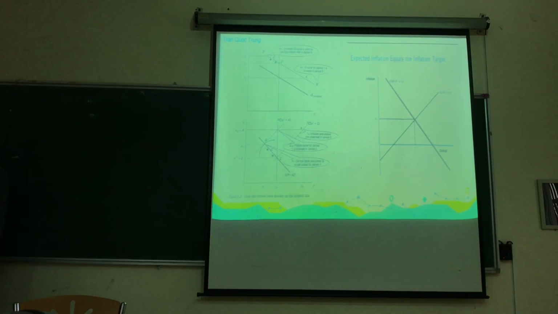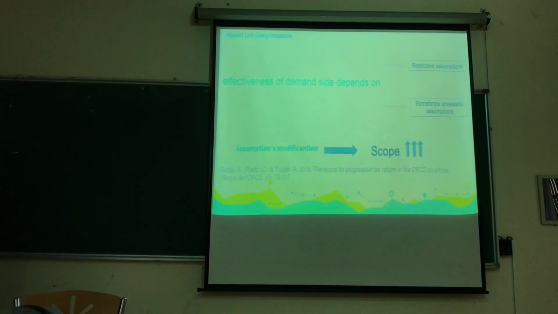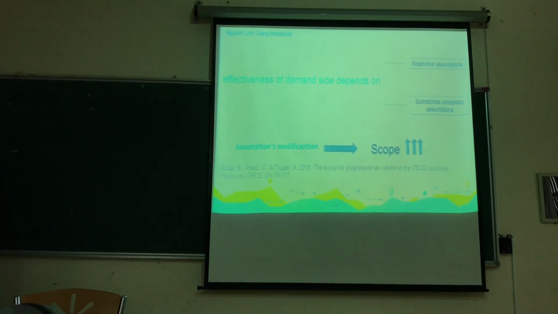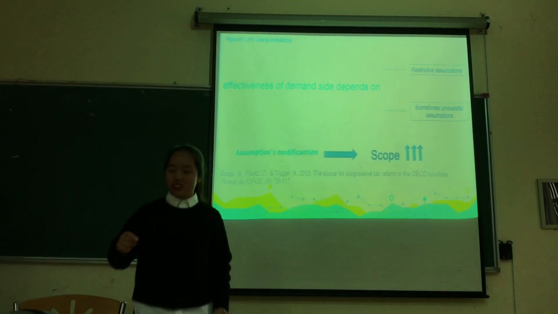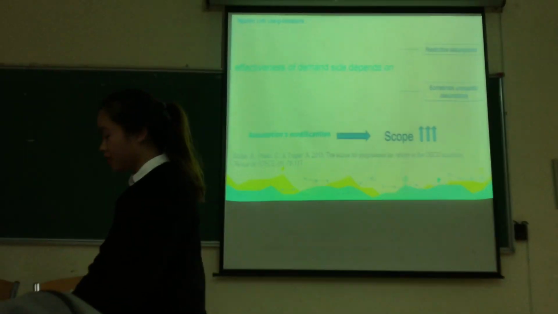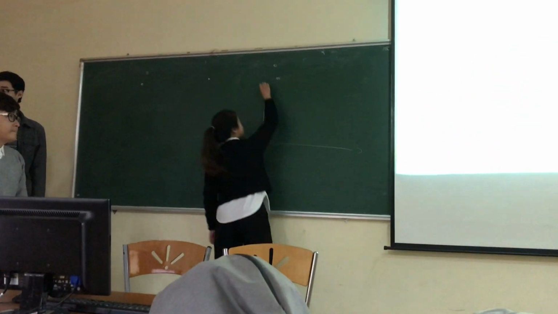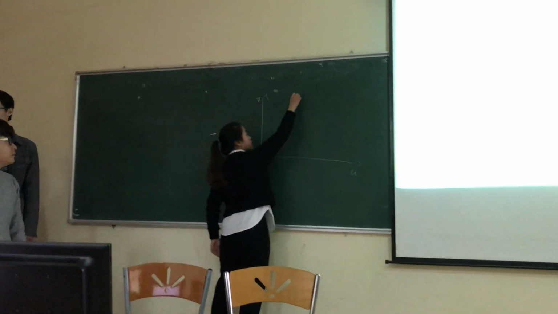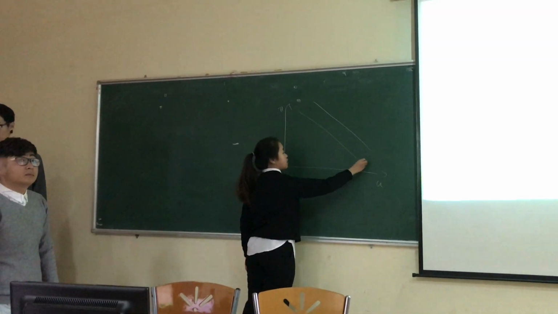Can you tell me briefly about the transmission mechanism of NAIRU when the actual unemployment rate increases? Can I use the chart? Yeah. So the curve is the trade-off between unemployment and inflation. So this is the short run.